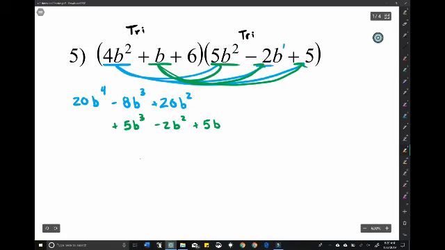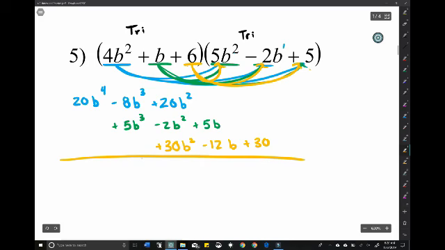Lastly here, 6 times 5 is 30b squared. 6 times negative 2, negative 12b, and 6 times 5 plus 30. Bada bing, bada boom. Let's add all this stuff together.